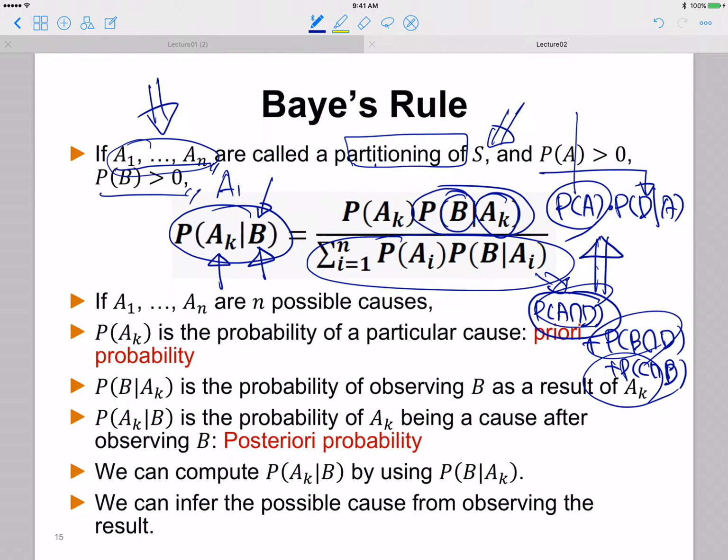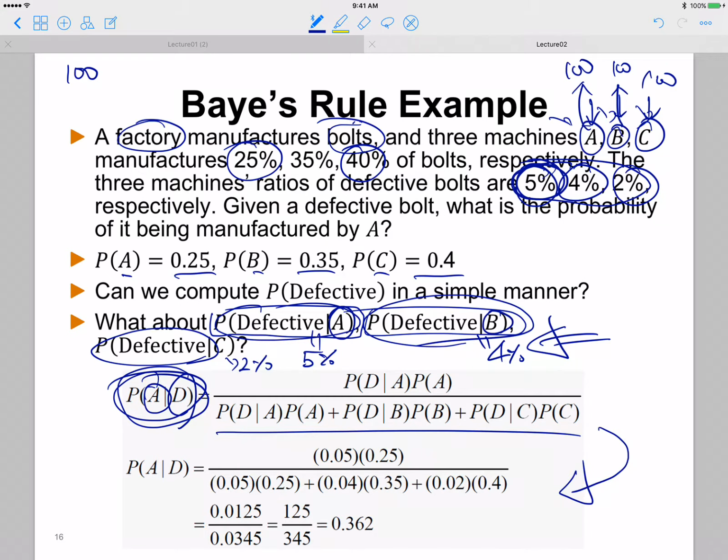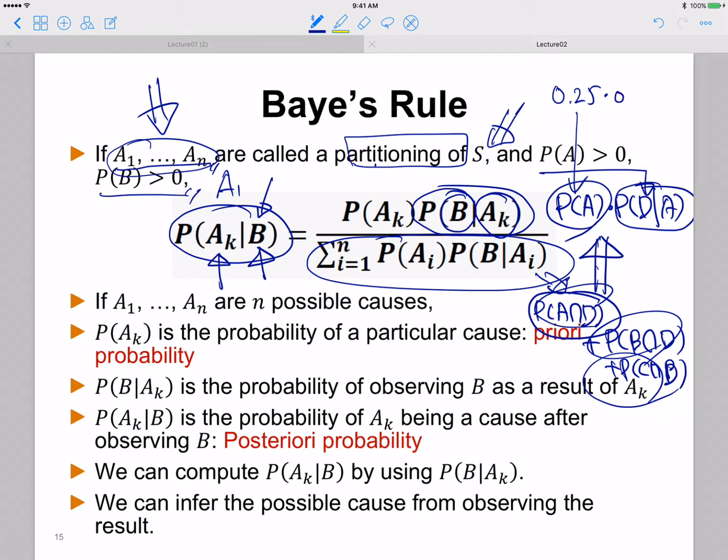That's the probability of picking the bolt manufactured by the first machine. And then what is the probability of manufacturing the defective bolt from the first machine? And that is this. So this is multiplied by the probability of this. Okay, so we can compute this.